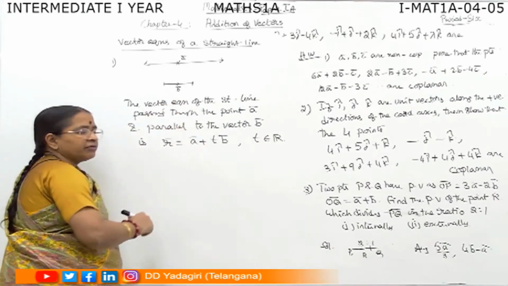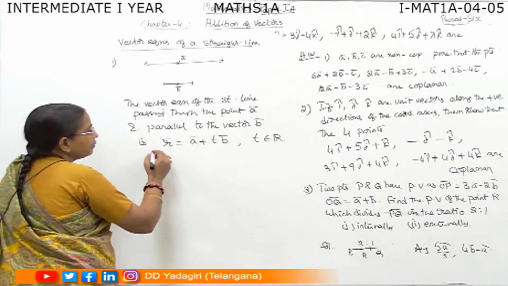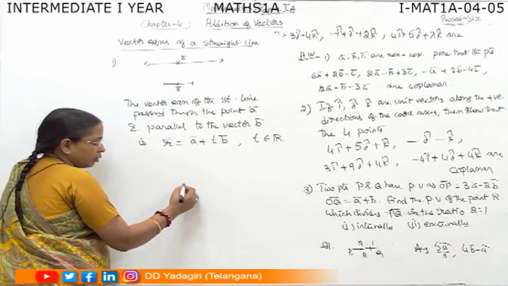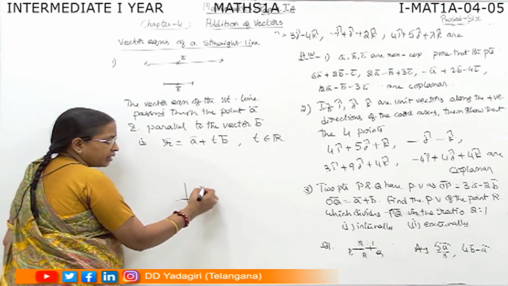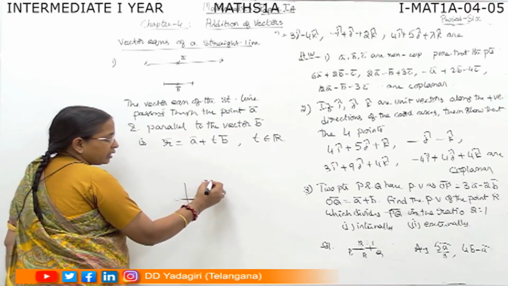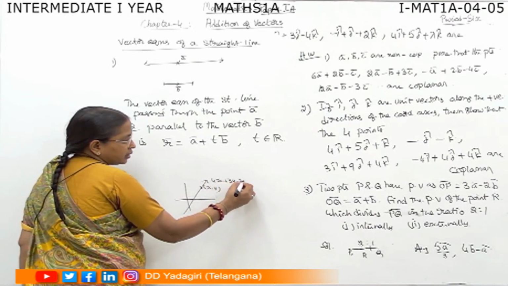Here b is a vector, a is a point, and r is the variable vector. Suppose in the coordinate plane you write the equation of a straight line like 4x plus 3y minus 2 equal to 0.